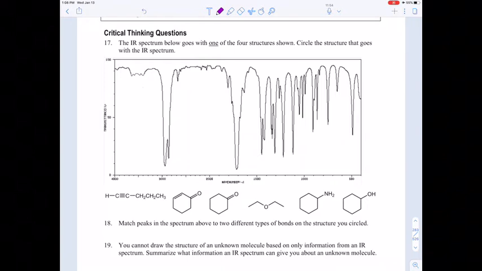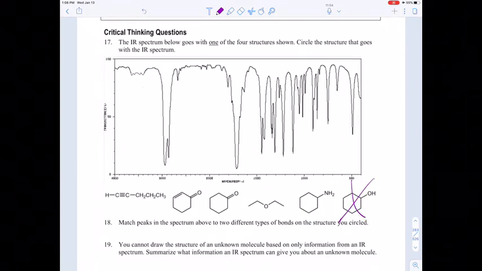We don't have that, so therefore we know we don't have this. We can narrow that one out. I see a peak right here. So flipping back to our chart on the previous page, I'm going to assign that as an sp3 peak.